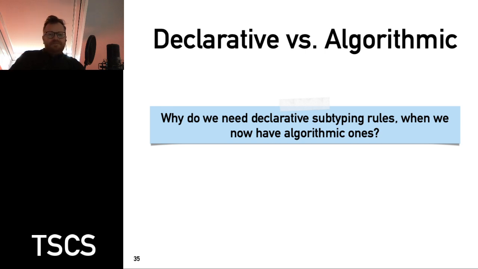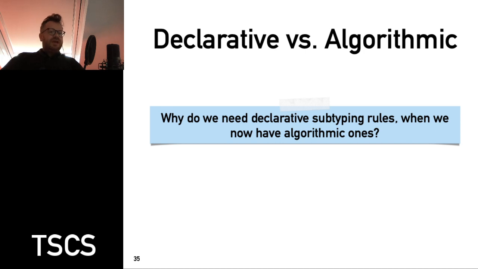Do you have an idea? Oh, and if it's not clear, that's the point where you type in your idea into the chat. Algorithmic depends on declarative.